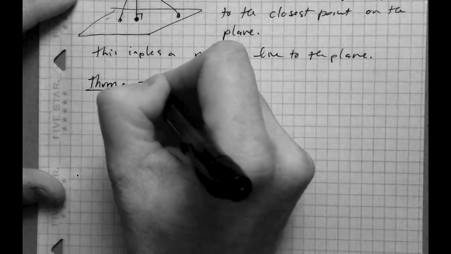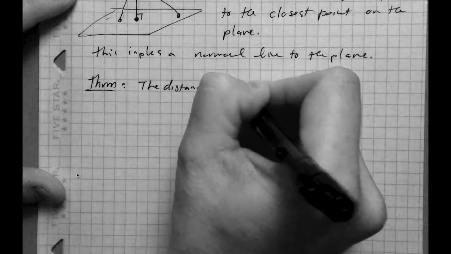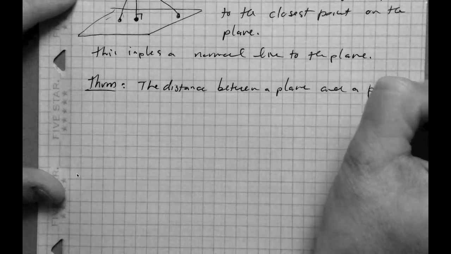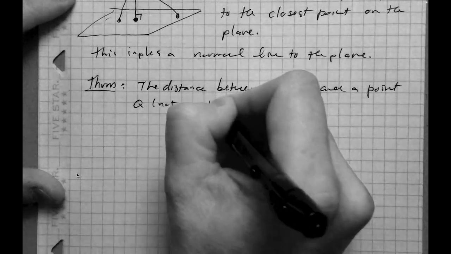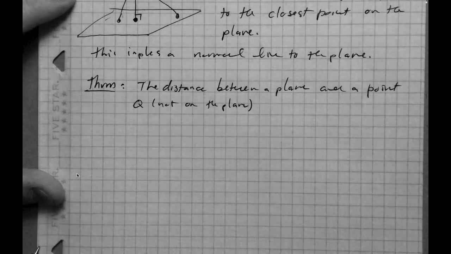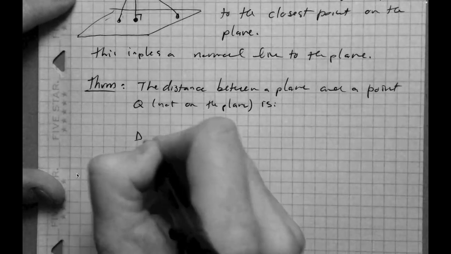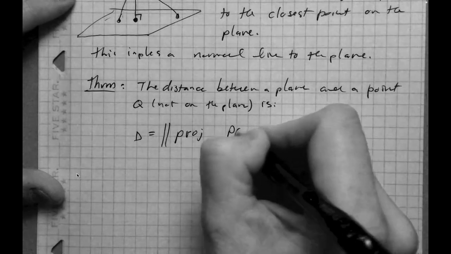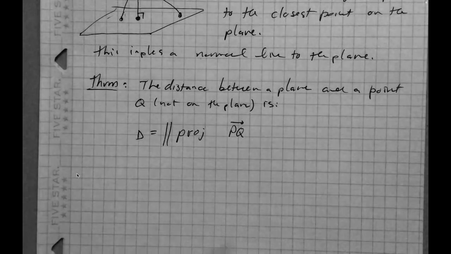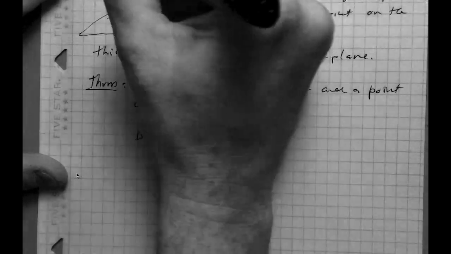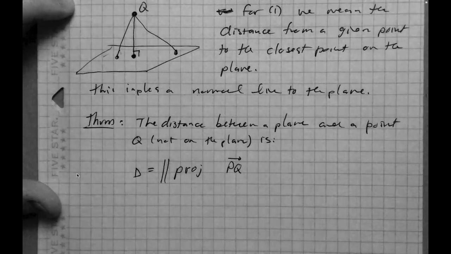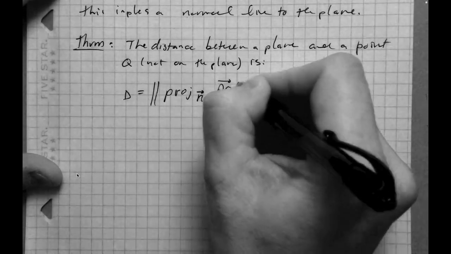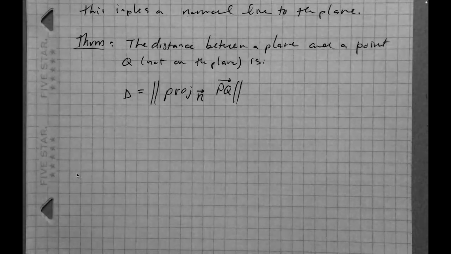The distance between a plane and a point Q, not on the plane, is given by this: D will be equal to the projection of PQ, where Q is a point not on the plane, so that's like this guy up here, and so the projection of PQ onto a normal vector between the point Q and the plane.